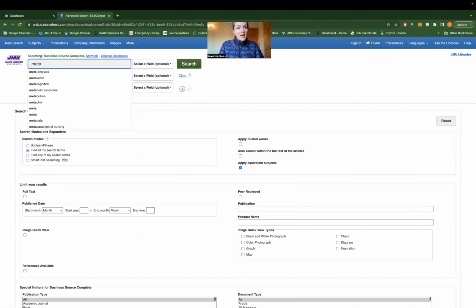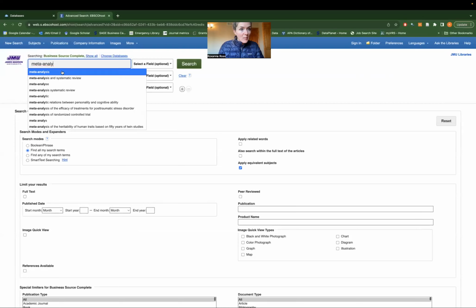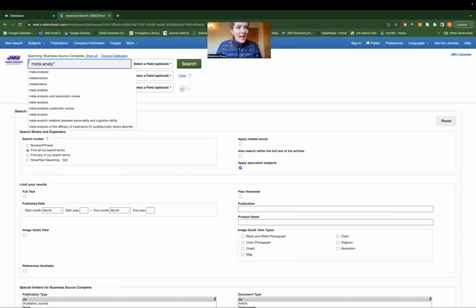So in any case, we want to find our meta-analysis, and you could just type in meta-analysis as it's coming up here. But as you'll see, there might also be people who have their paper using terms like meta-analytic instead of meta-analysis. So for this reason, I recommend that instead of putting meta-analysis in for your search term, you put in meta-analysis and asterisks.